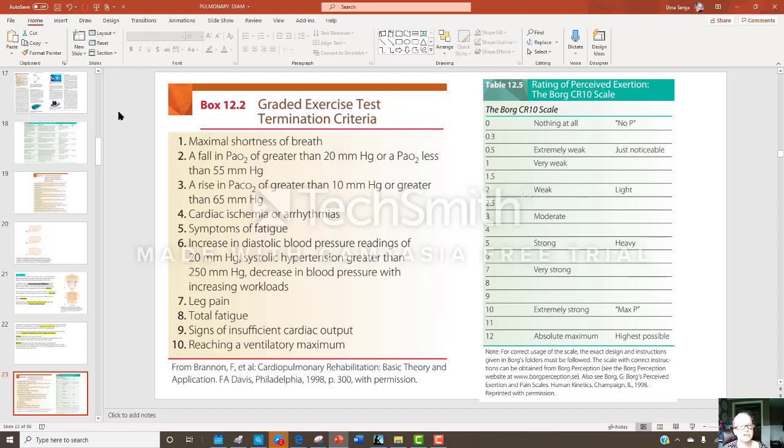Box 12.2, graded exercise test termination criteria. Number 1, maximal shortness of breath. 2, a fall in PaO2 of greater than 20 or a PaO2 less than 55. A rise in PaCO2 greater than 10 or greater than 65.